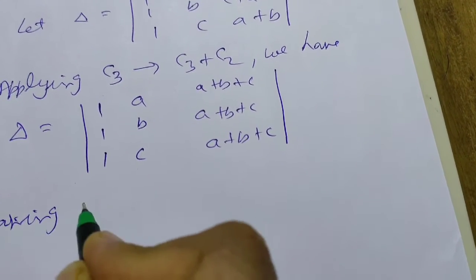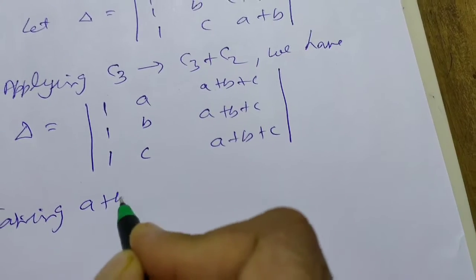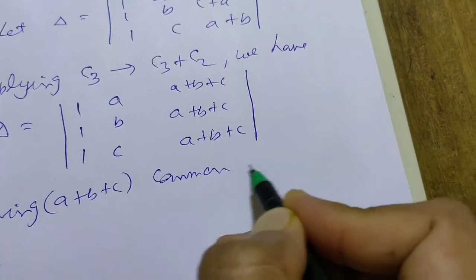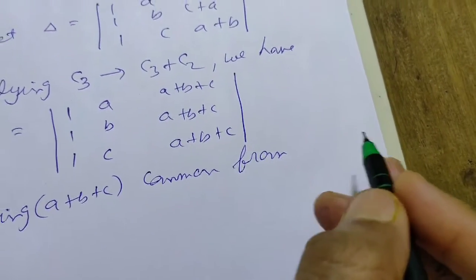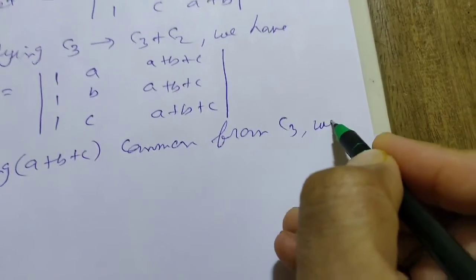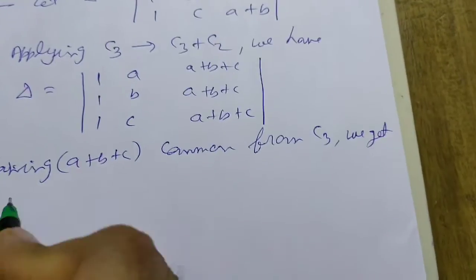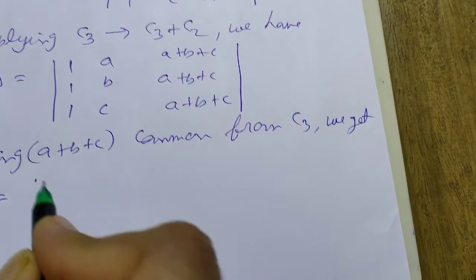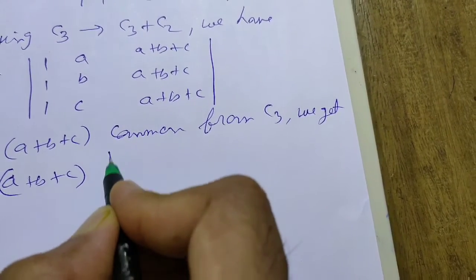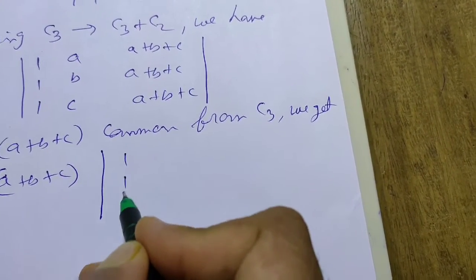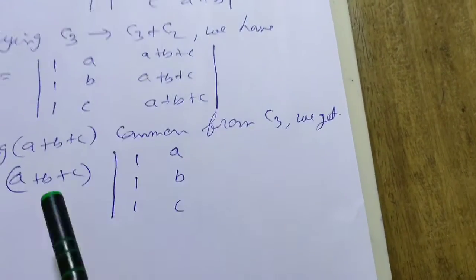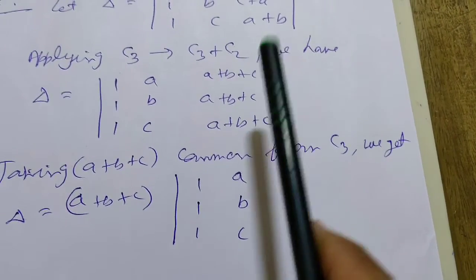Taking A plus B plus C common from column 3, we get delta equal to (A plus B plus C) times the determinant with rows 1, 1 and 1, A, B and C. Since we have taken A plus B plus C common from column 3, what will remain here?